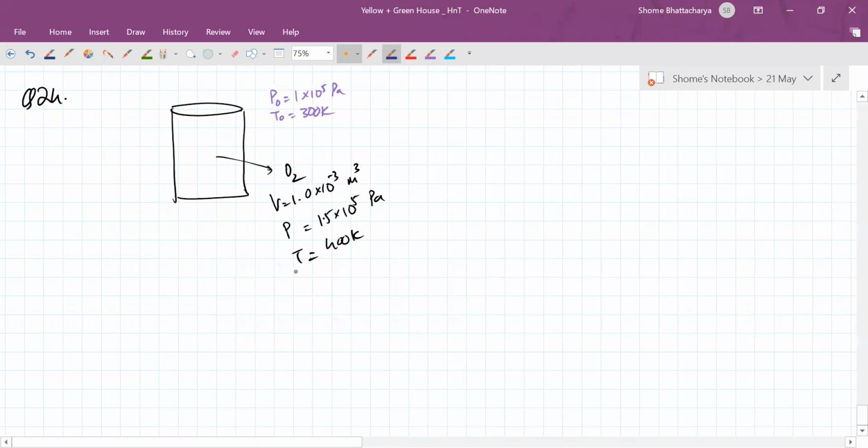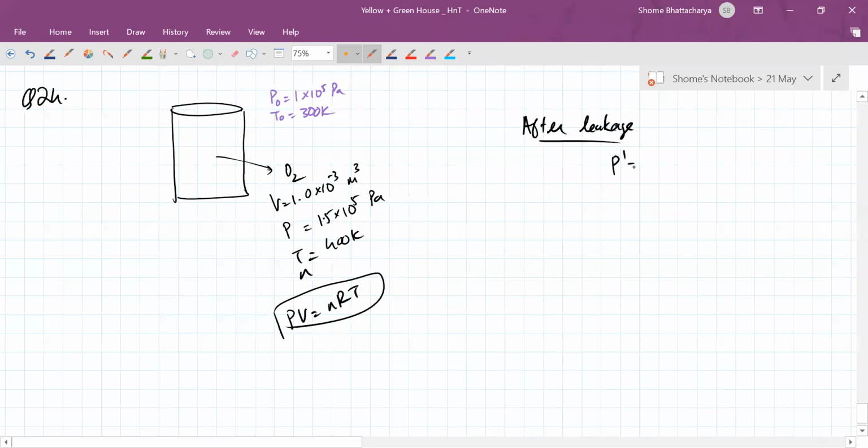So what is happening is right now the number of moles of oxygen that we have is N, and PV is equal to nRT. Now after the leakage, the pressure becomes equal to atmospheric pressure. The volume of course remains the same. The temperature becomes equal to surrounding temperature.